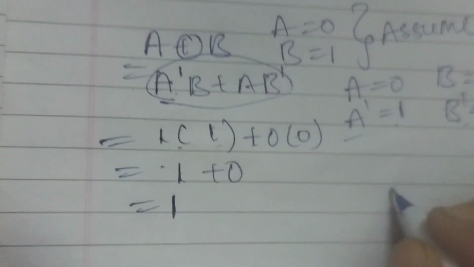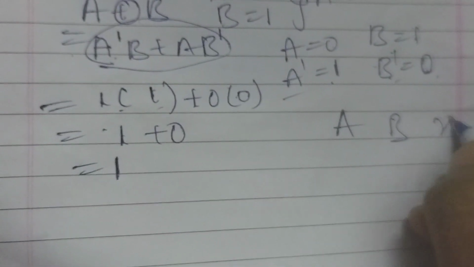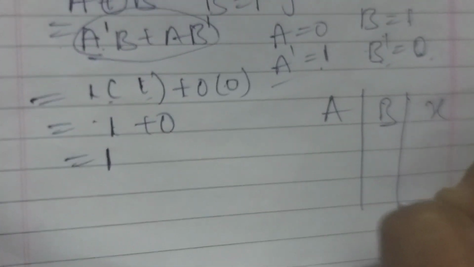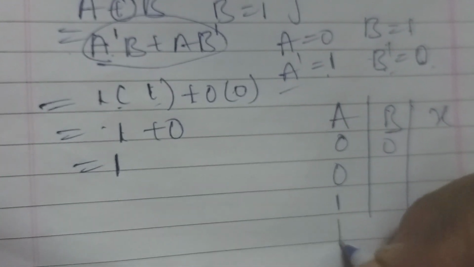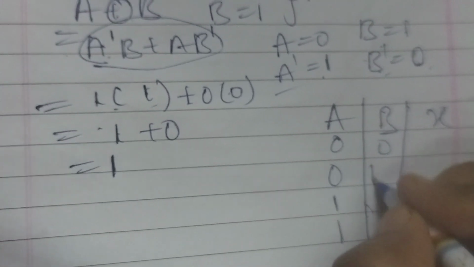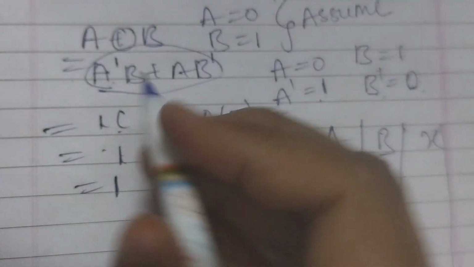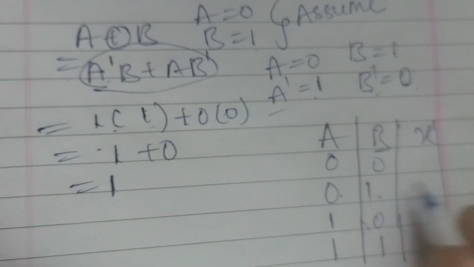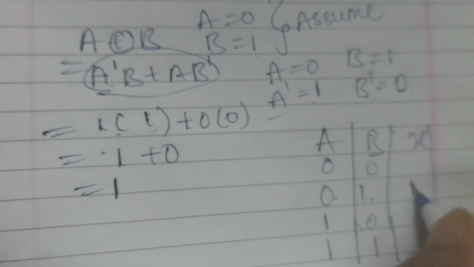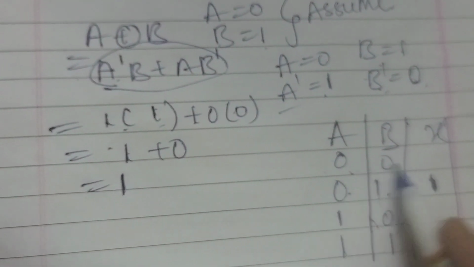And for the truth table, A, B, we will get the output as X. For A, 0, 0, first two zeros, after that two ones. For B, 0, 1, 0, 1 alternate. We will get the outputs. For A equals 0, B equals 1, we will get the value 1. We need to calculate for these terms.